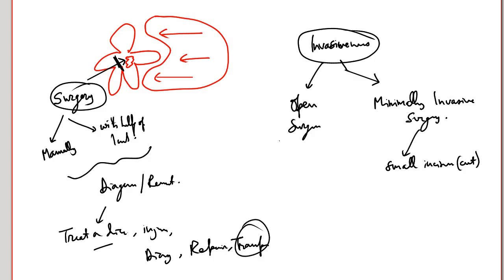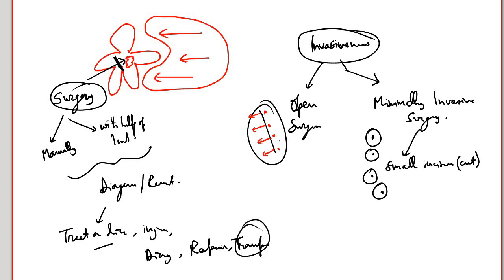So instead of a big cut, we use small cuts, not one, but multiple small cuts. So the big cut over here, I am basically replacing with much smaller cuts. Now this will have an advantage. I will be focusing on a particular job and the recovery will be much faster.